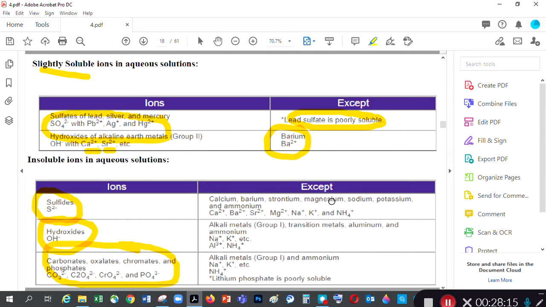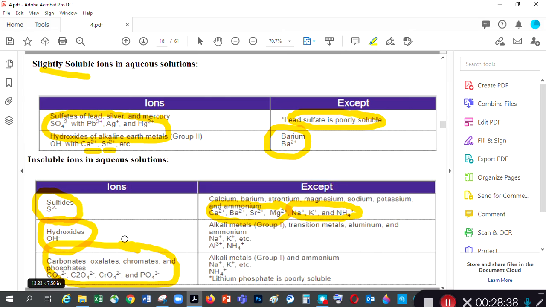But there is an exception. Group 1A, which is sodium, potassium, cesium, francium, they are always soluble, correct? So group 1A are always soluble with ammonium and with the sulfide. Also, group 2A with the sulfide are soluble, correct?